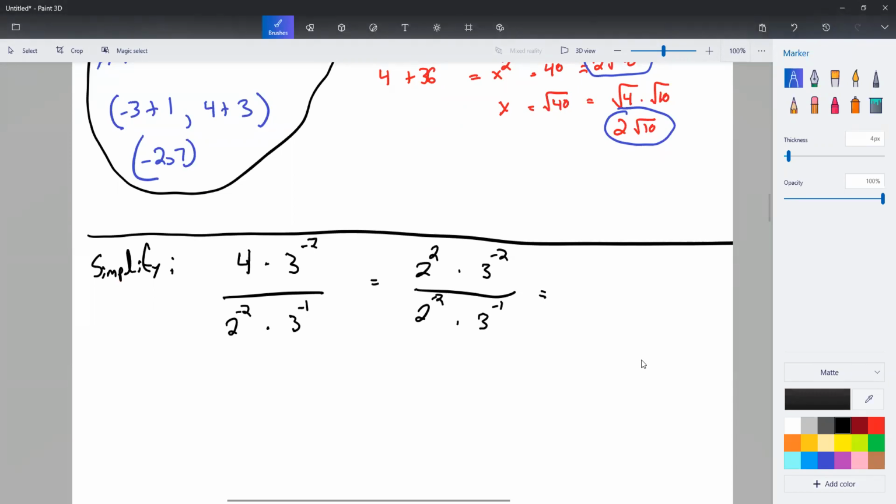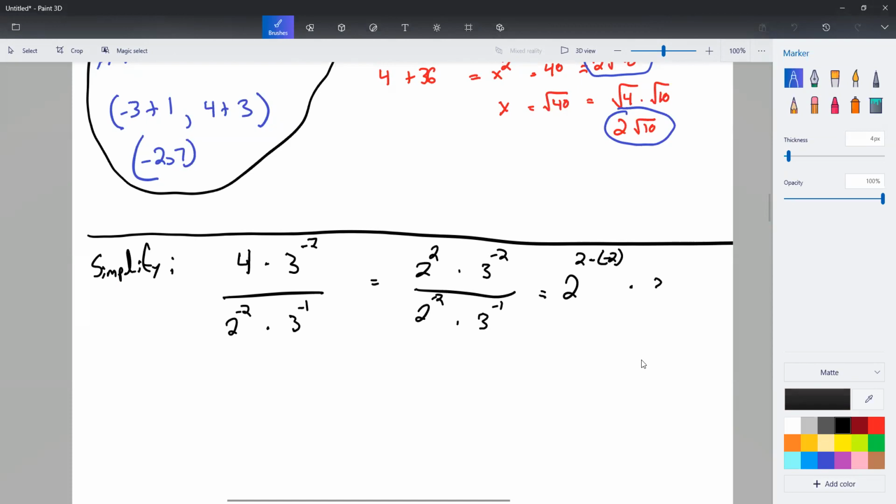So basically, if you remember the subtraction rule from yesterday, we're going to end up with 2 to the 2 minus the negative 2 from the bottom. So it's the top exponent minus the bottom exponent, and then do it again.